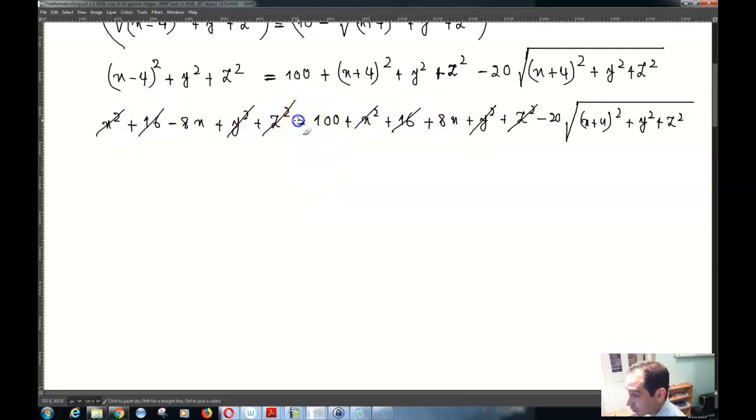So then what you have over here is negative 8x, and then you have 100 over here, and positive 8x goes to the other side, becomes negative 8x.